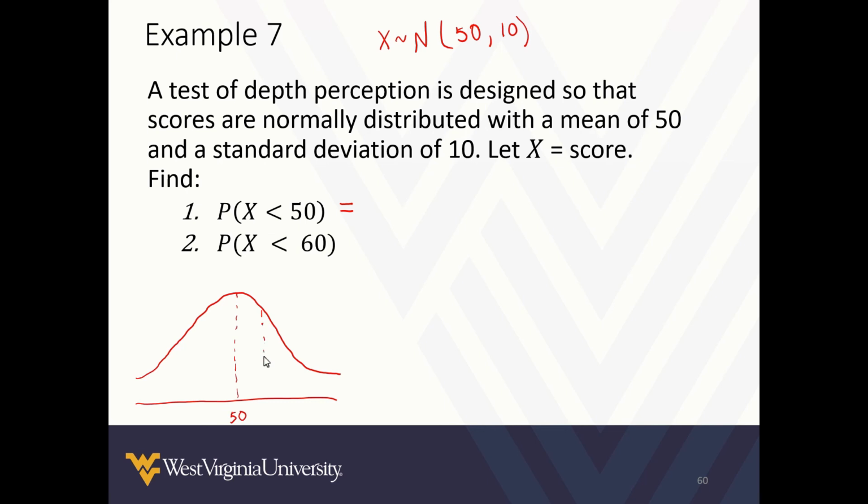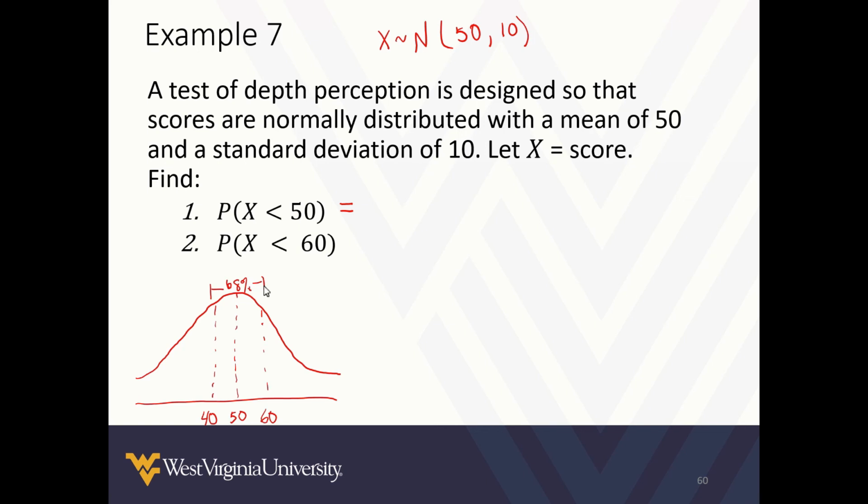Now to move 1 standard deviation away, that is the mean, in this case, plus 10. So this would be 60 to the right, 40 to the left. We could keep going on, but right now that tells us that 68% of our data is between 40 and 60.